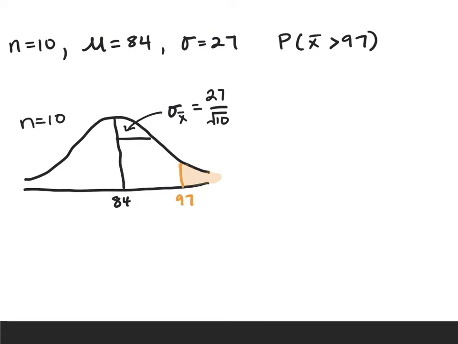Before, I was still within one standard deviation, because 84 plus 27 is much more than 97, because that's 13 away, so that's like half a standard deviation above the mean. Now we're definitely more than one standard deviation away. So this is what I want to find, and let me pull up the calculator for that.